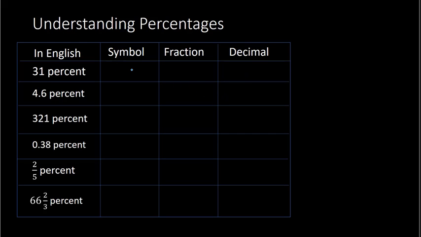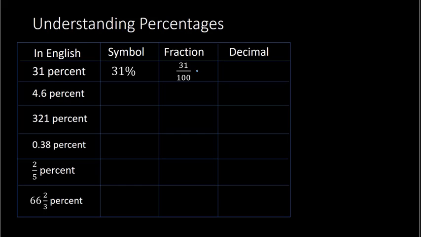So using the percent symbol, we can write this as 31 and then the percent sign after that. So this is 31%. Now remember, percent means out of 100 or divided by 100. So as a fraction, I can write this as 31 divided by 100.